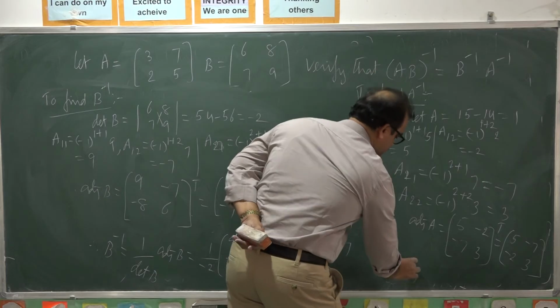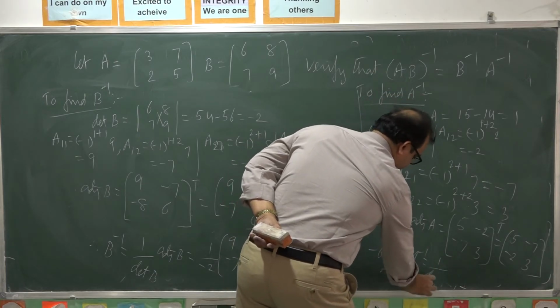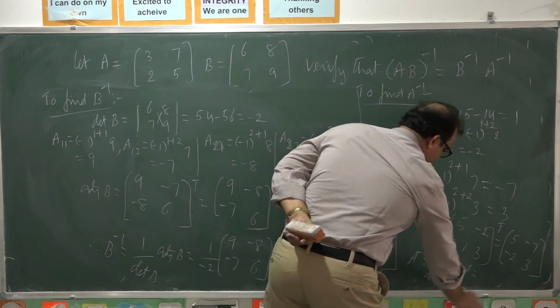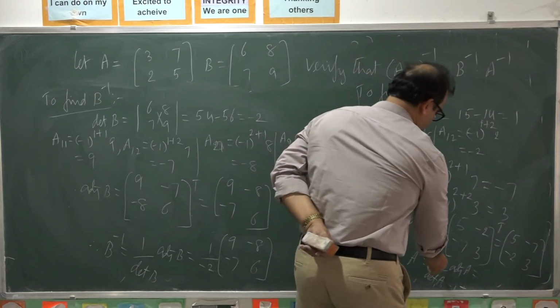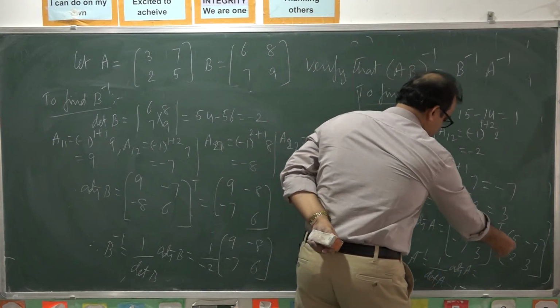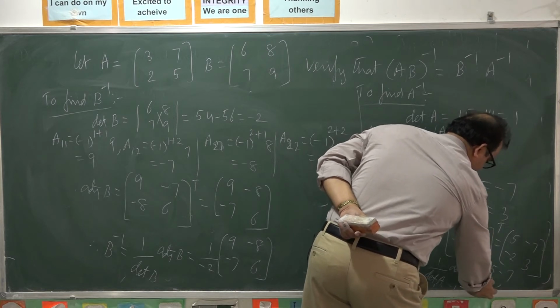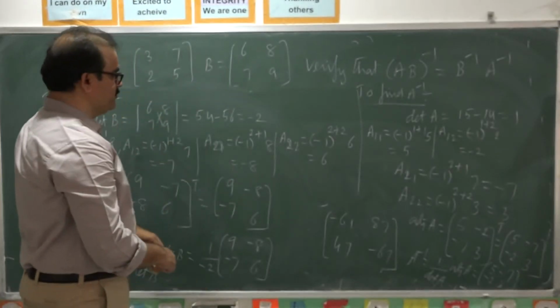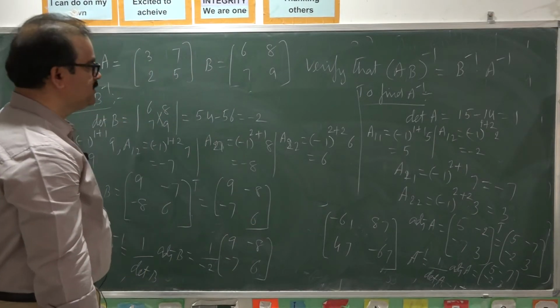Therefore A inverse is equal to, you write 1 by det A into adjoint A. What is det A? Det A is 1. 1 by 1, that is 1. So you get the adjoint matrix, same matrix, 5, minus 7, minus 2, 3. That is A inverse. Now you multiply B inverse with A inverse.